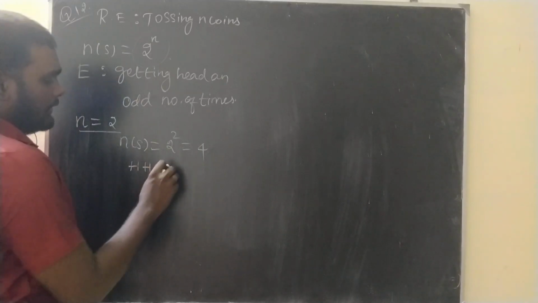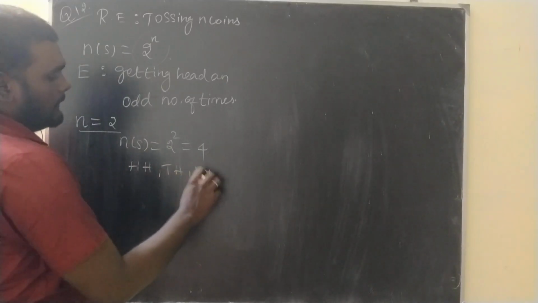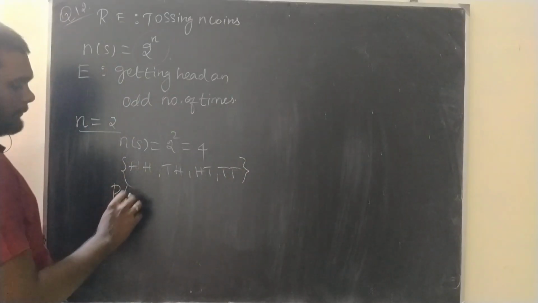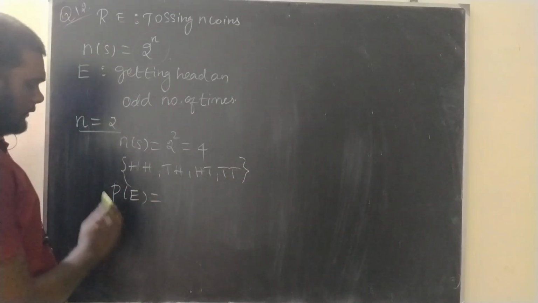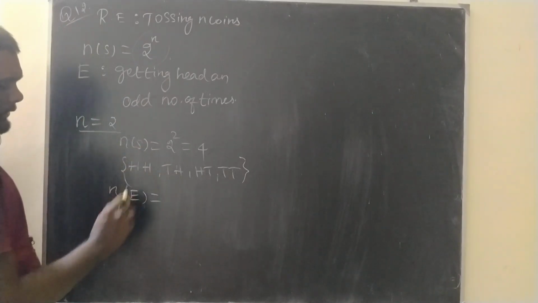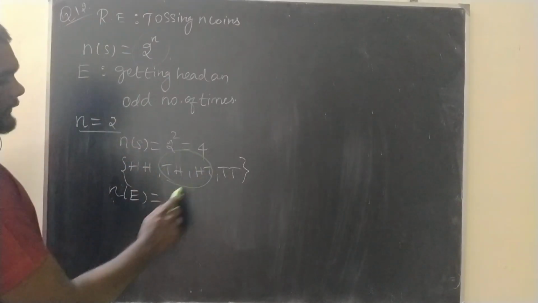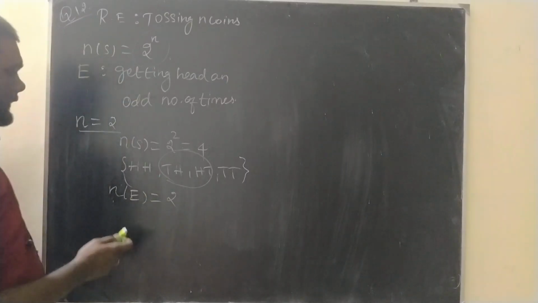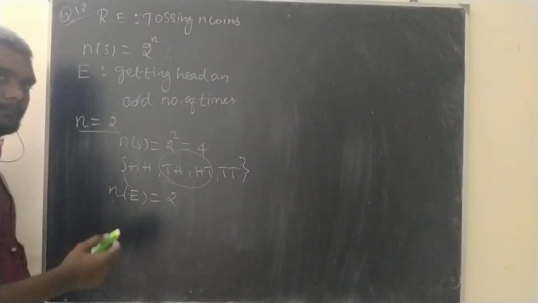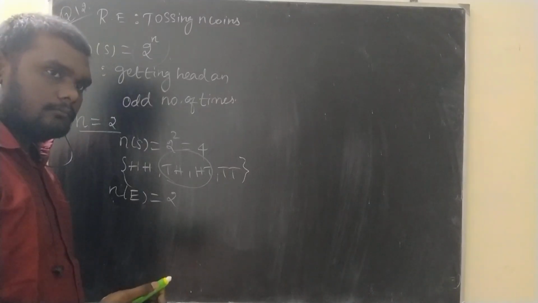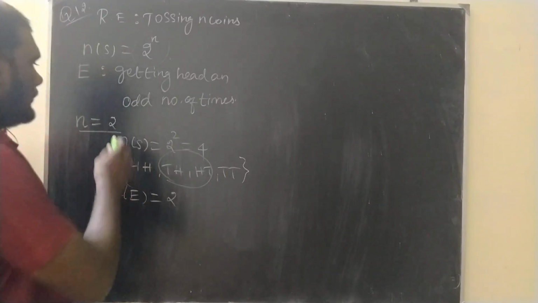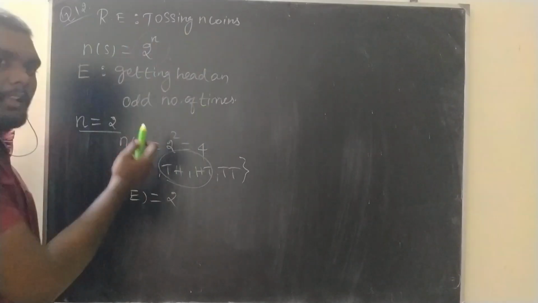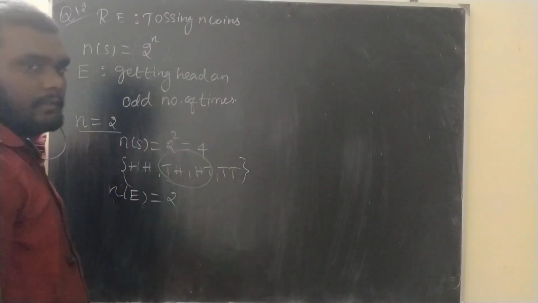We have head-tail, tail-head. So the probability is n of E first, so this is 2. I'm just starting with smaller ones, so you get to understand these n values or n coins.